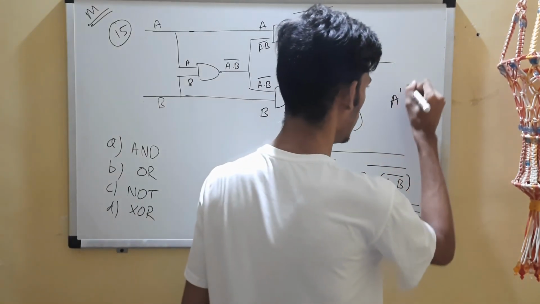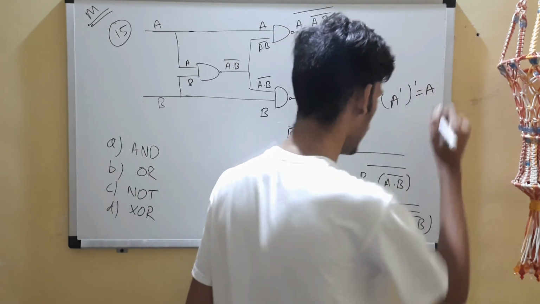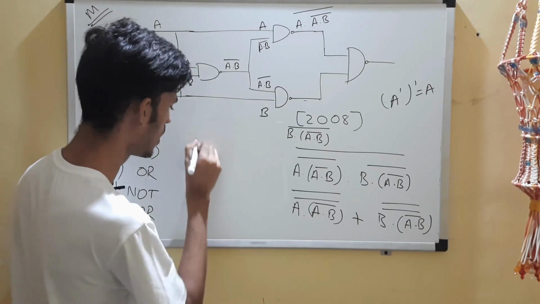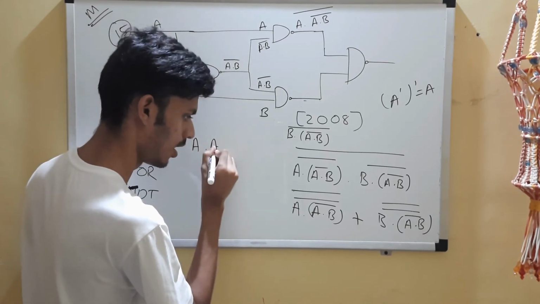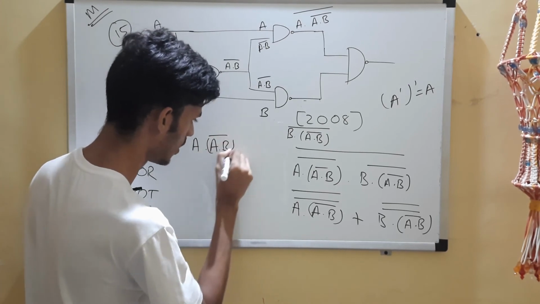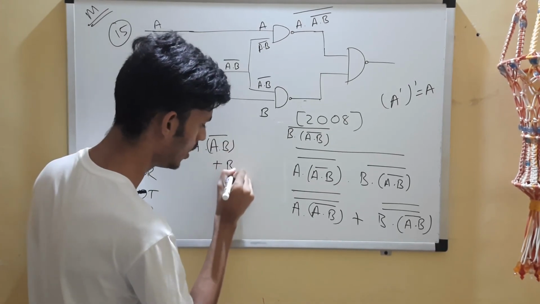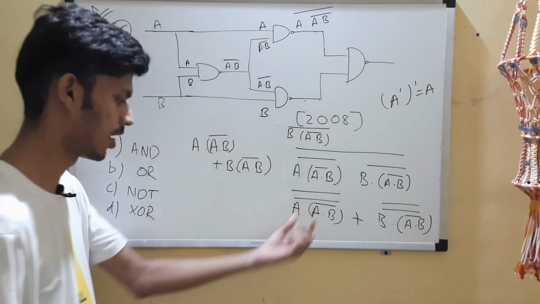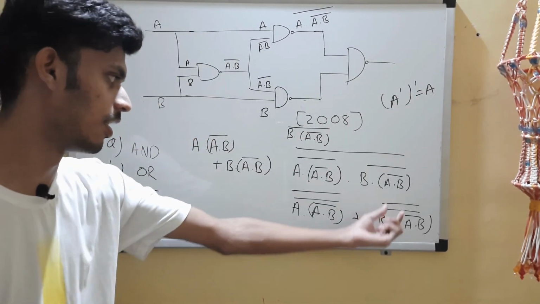So A complement's complement is nothing but A. In similar fashion, we can remove this complement. We can just write it as A into (A into B) the complement, plus B into (A into B) the complement. This is a double complement, so we just remove it.